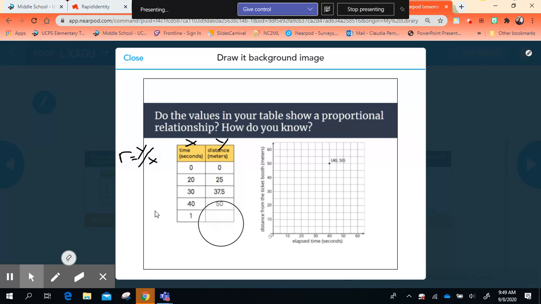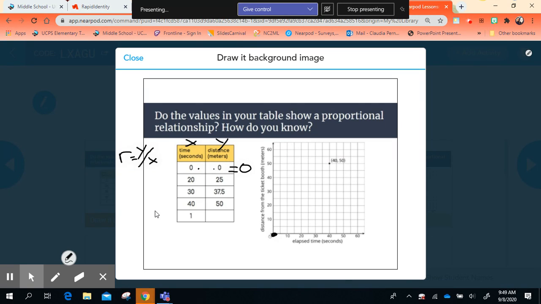If that was you, I want you to unthink that. You have to do the second row divided by the first row, and that gives you your unit rate. So 0 divided by 0 gives us what? 0. So that's just our point right here. That one's not going to count towards our unit rate.